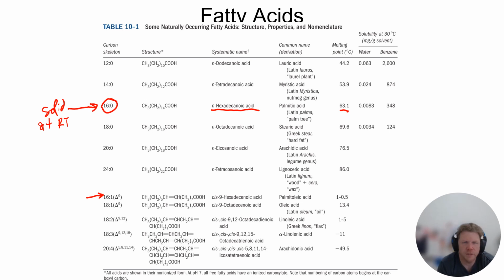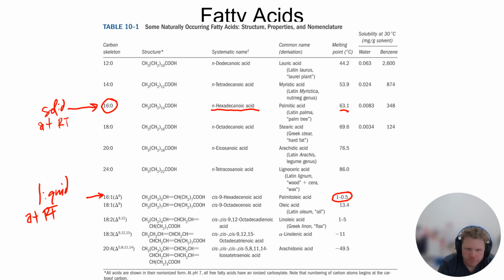And I haven't talked about the delta numbering scheme, but this is basically a 16 carbon long fatty acid. The first double bond is found at carbon number 9. There's only one double bond, but what this has as a melting point is between 0.5 and 1 degrees Celsius. So this is a liquid at room temperature.